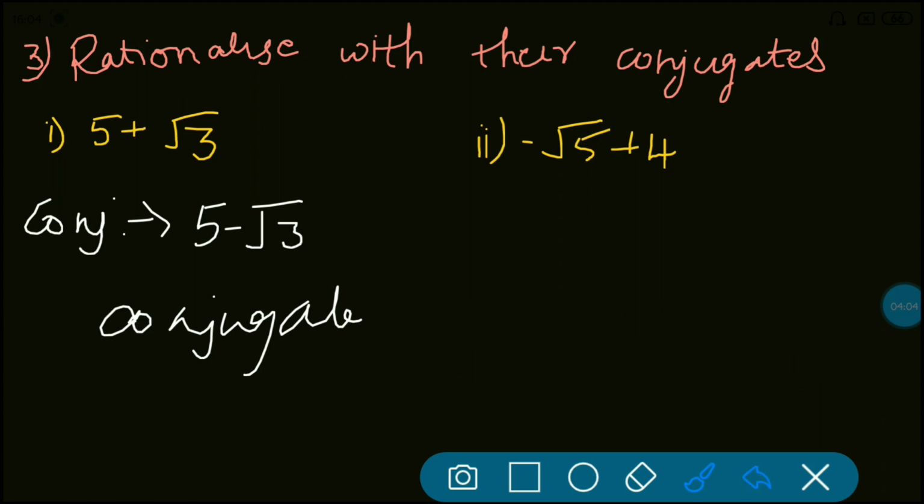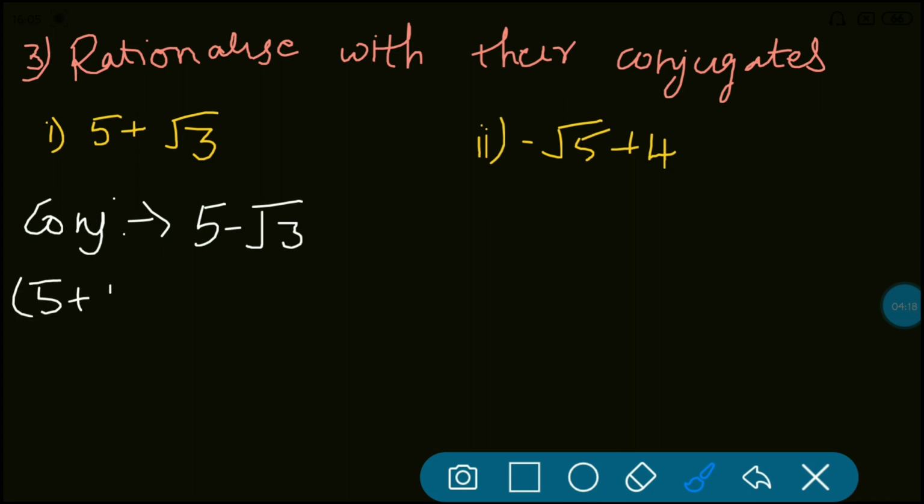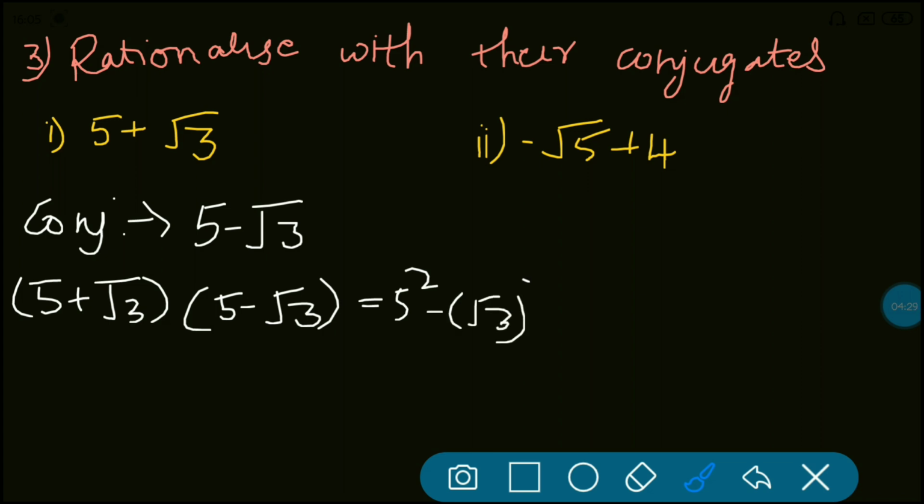I am not going to write this same statement for the next question; you have to write it. Conjugate of 5 plus root 3 is 5 minus root 3. Now we are going to rationalize it by multiplying them. 5 plus root 3 multiplied by 5 minus root 3 is 5 square minus root 3 whole square.